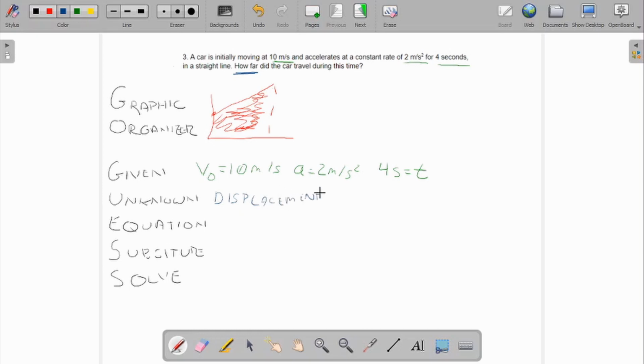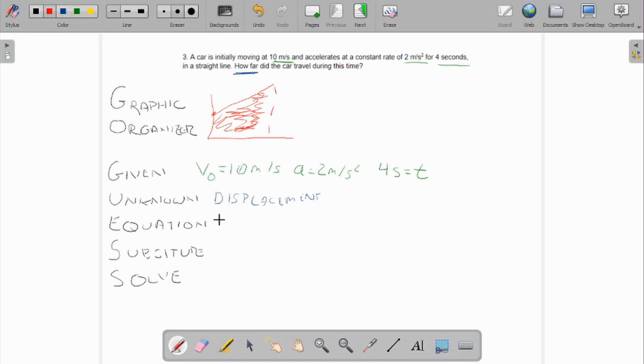So now I need to look for an equation that ties in initial velocity, acceleration, time, and displacement. I go look at my equation sheet, and there's nothing that has a displacement explicitly on there, but there is one that has x and x naught, which I can use.